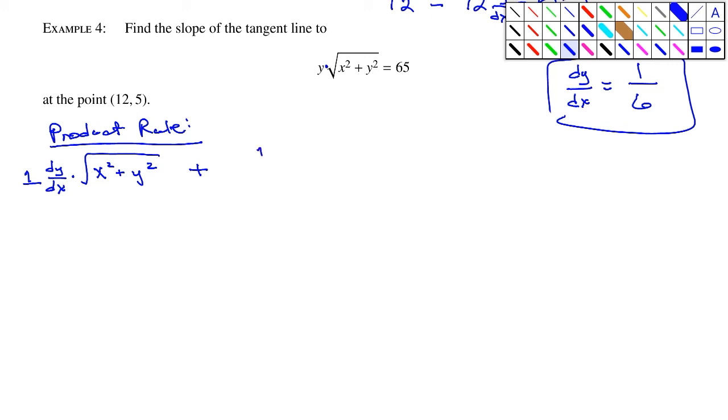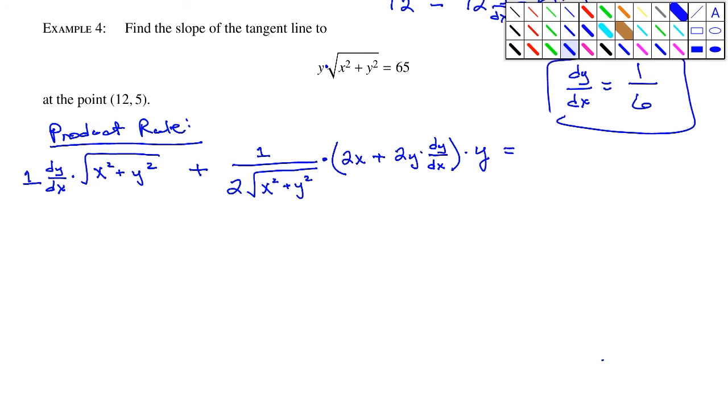So that's going to be 1 over 2 times the square root of x squared plus y squared times the derivative of the inside, 2x plus 2y times dy/dx, times the original function on the left, the y, and then equal to 0, the derivative of 65.